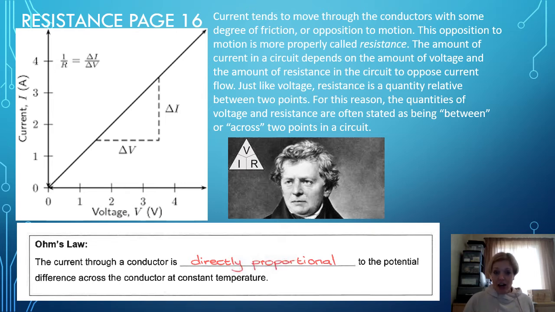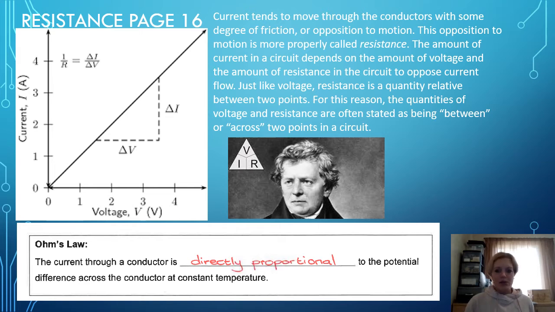At the top of the slide, it shows that current tends to move through conductors with the same degree of friction or opposition to motion. That sentence basically means it moves through conductors with the same amount of resistance. This opposition to motion is more properly called resistance. Now remember, this is not in your books, but you can add this in.